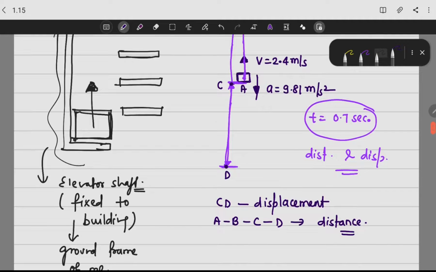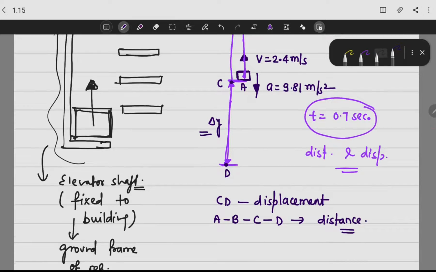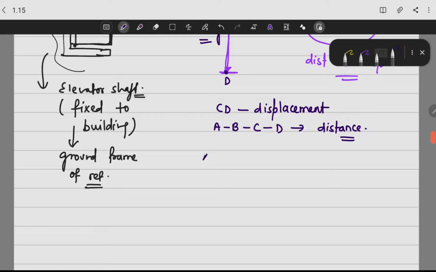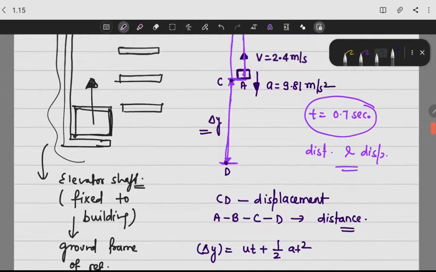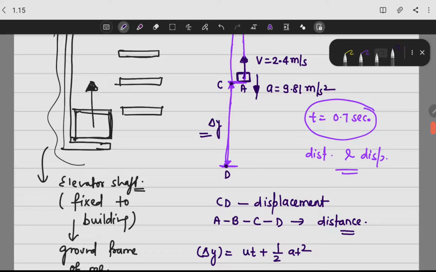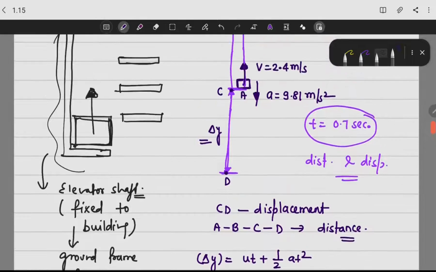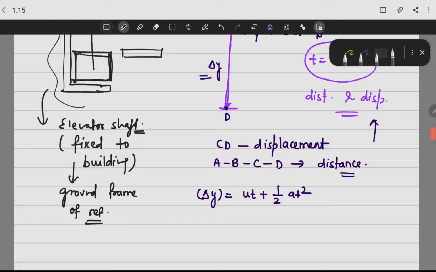Okay, the displacement we can directly find. Let us say this particular thing is delta y. So we can write S is equal to ut plus half at square. What is the initial velocity? That is in the upward direction, and let us say in this case upward direction is positive and downward direction is negative.